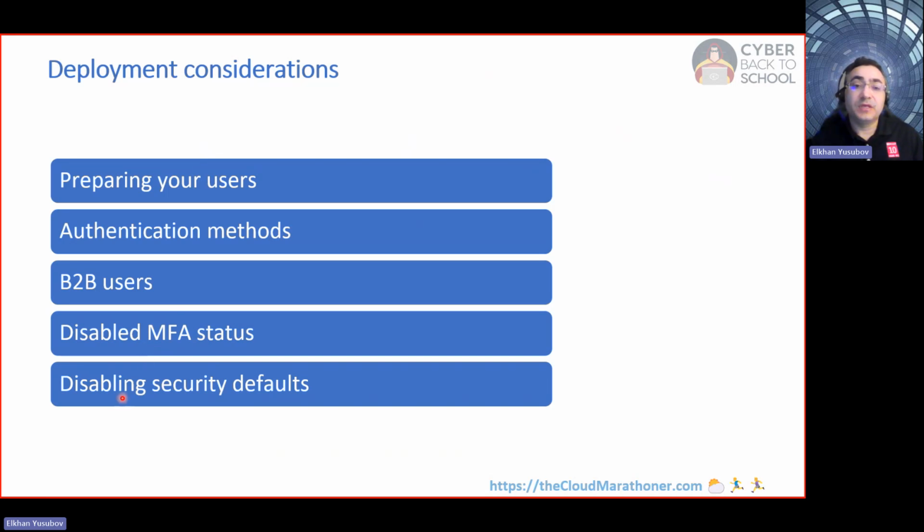And finally, organizations that choose to implement conditional access policies, basically replacing the security defaults, must disable security defaults. So if you are switching from Microsoft Entra ID security defaults to conditional access, meaning you have the licenses that you want to enable and your conditions dictate to use that, then you need to make sure that you disable your security defaults.